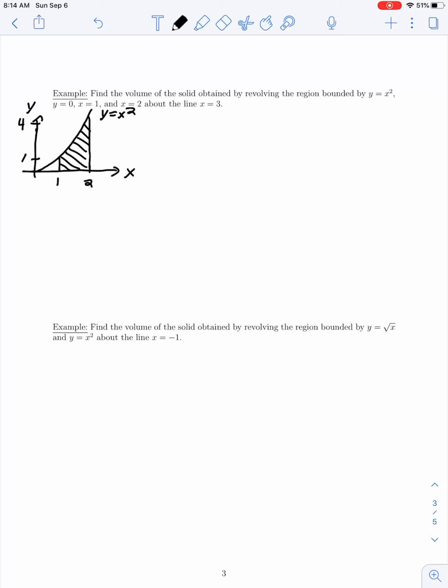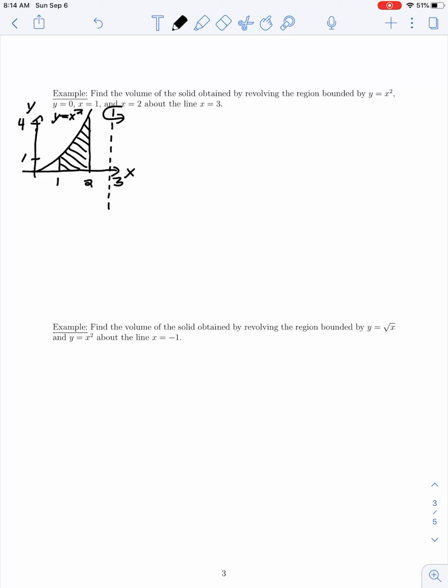And here we're told that we want to revolve about the line x equals 3. So let me clean this up a little bit. My curve was y equals x squared, and our axis of revolution is this vertical line, x equals 3. So this is the line that we want to revolve about.